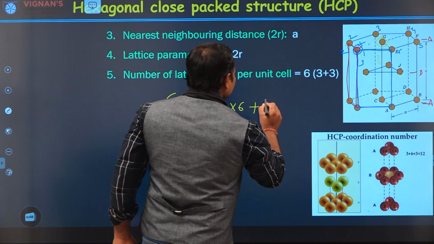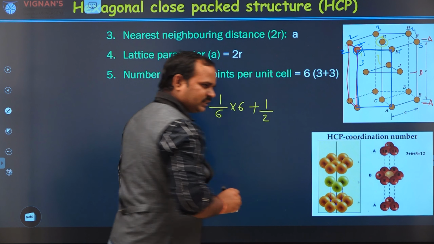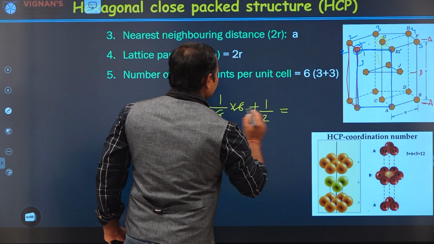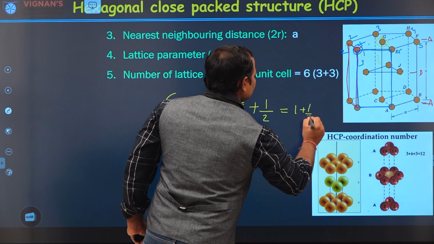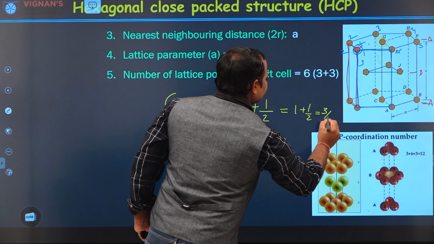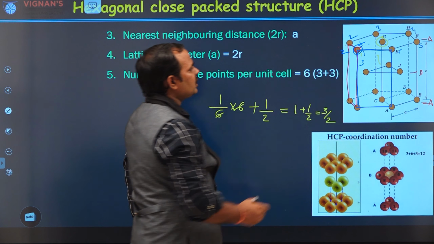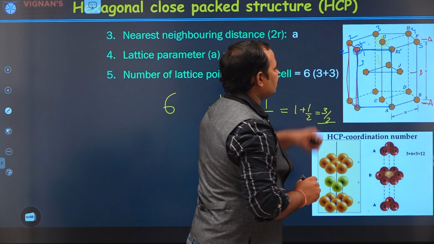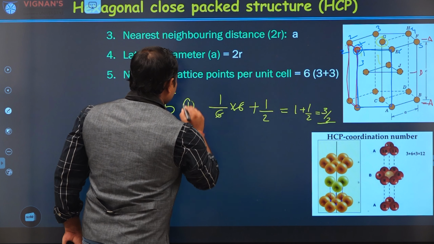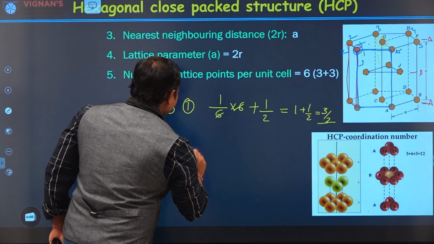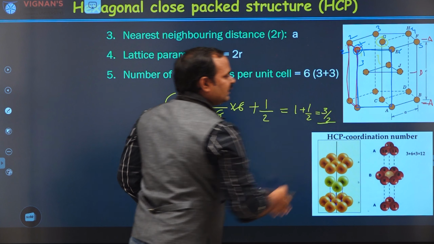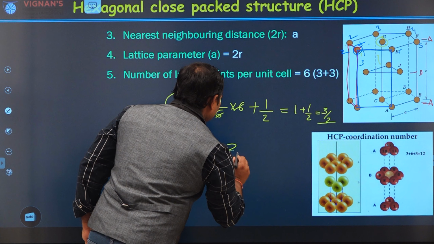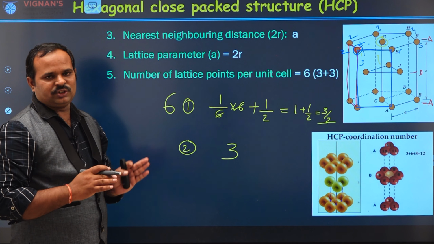So we will have 1 plus 1 by 2, which is equal to 3 by 2. So the contribution of this layer is 3 by 2. This is the first layer, and then the second layer: the 3 atoms are completely inside the unit cell, so they are not shared with any other unit cell.